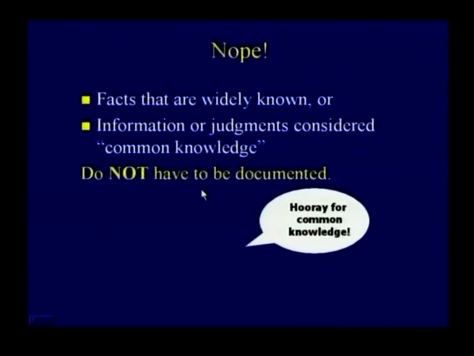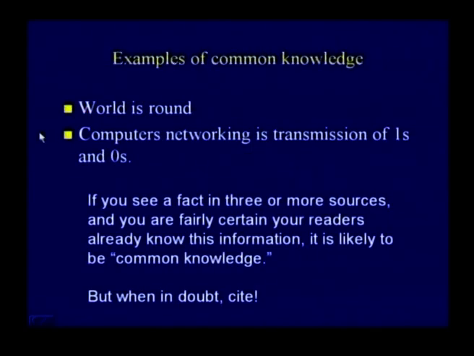We do not need to document or cite them. For example, if you say the world is round, it's common knowledge. You don't need to cite this. Similarly, if someone says computer networking is the transmission of ones and zeros, it's common knowledge. Everyone knows about that. We don't need to cite this.